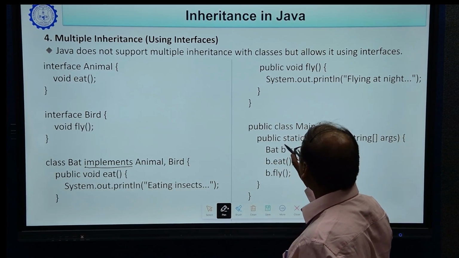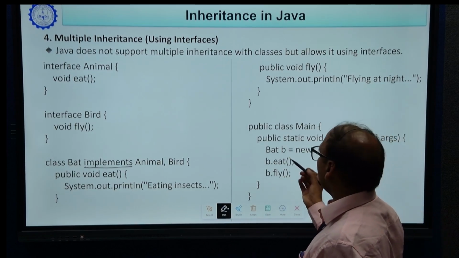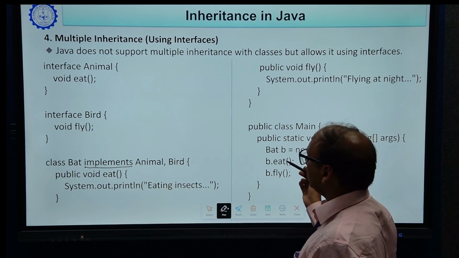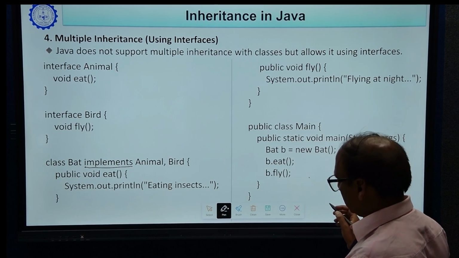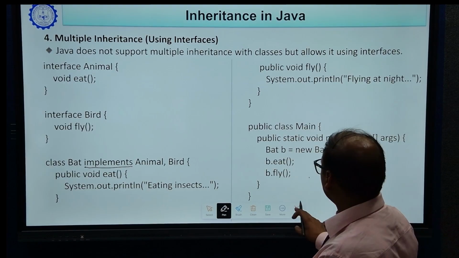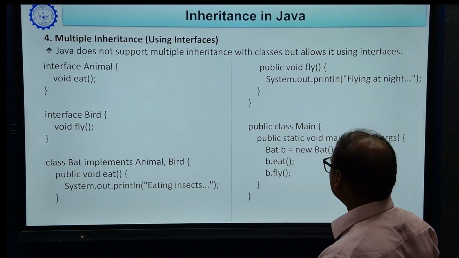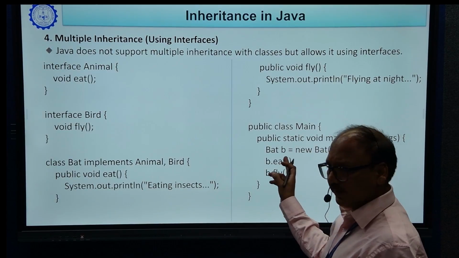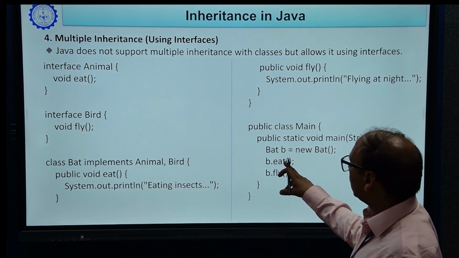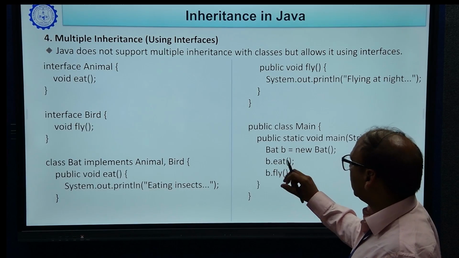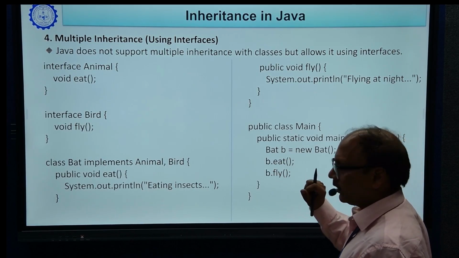Next we have to call the methods of the interface. With the help of b, the object of the class bat, we can call the method of the animal interface as well as the method of the bird interface, right?